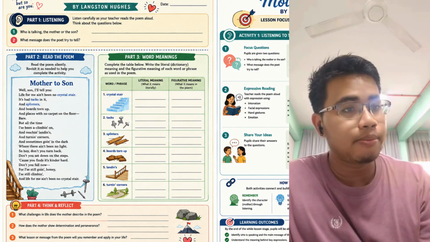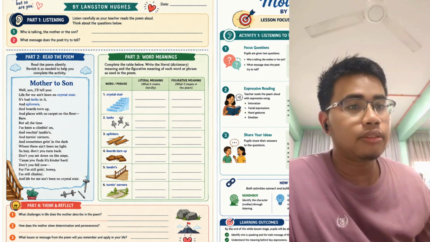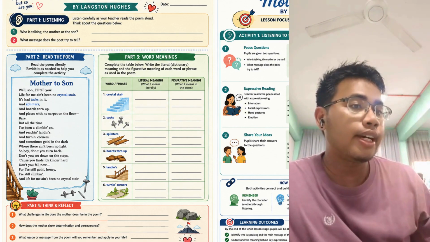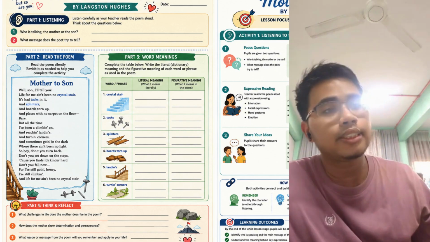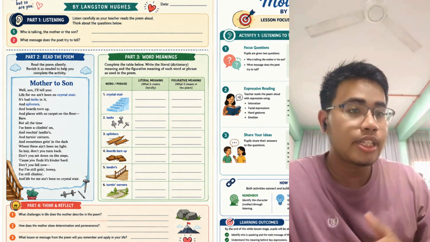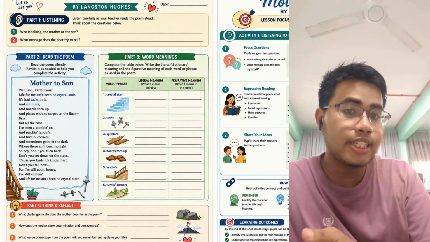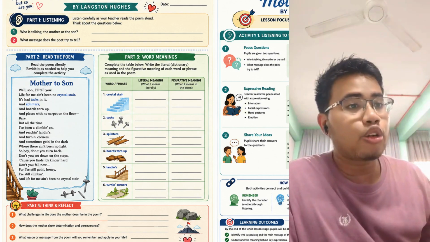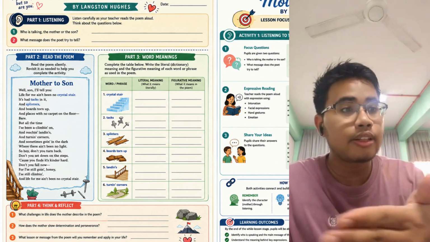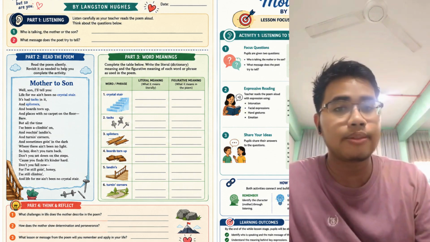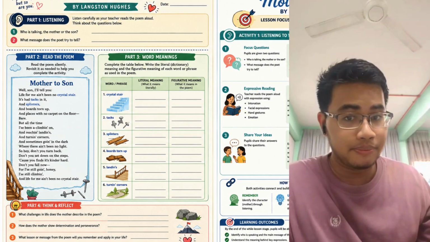And meanwhile, the presence of the exercise allows students to examine literary devices such as metaphors and imagery, since poetry, again, as I said just now, conveys meaning through figurative language and symbolism rather than direct statement.